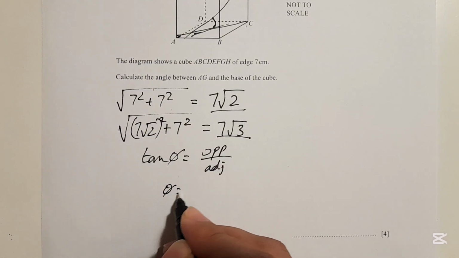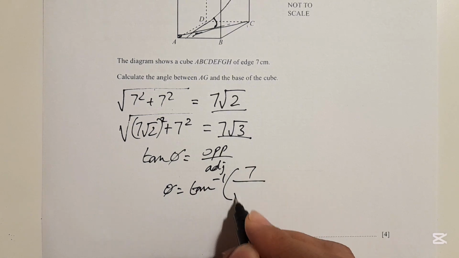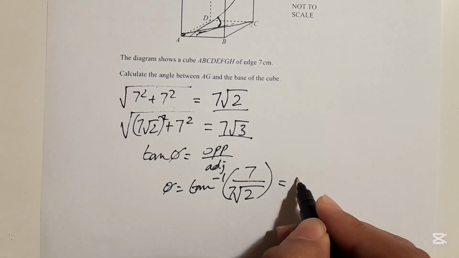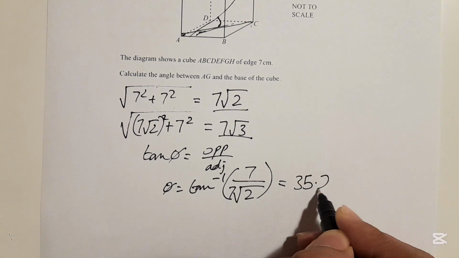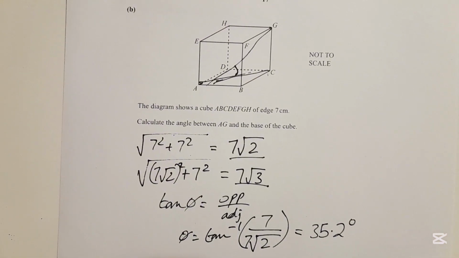So theta is equal to tan inverse of opposite, 7, divided by 7 square root of 2. So tan inverse of 7 over 7 square root of 2 is 35.3 degrees. So 35.2 degrees will be the final answer for part B of question 9.